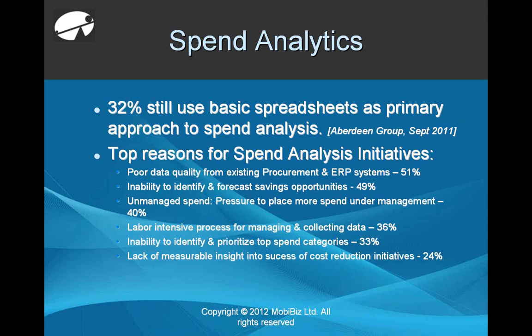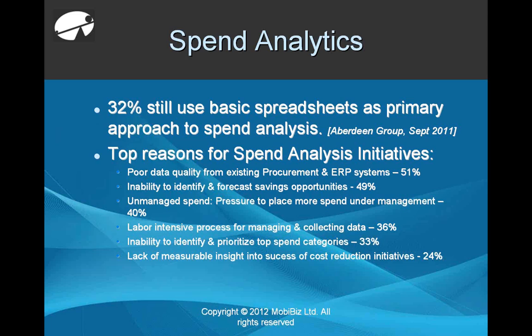The top reasons that most CIOs or chief procurement officers give for a spend analysis initiative are poor data quality from existing systems and inability to identify and forecast savings opportunities, and that's 49%, the second reason. Unmanaged spend, pressure to place more under spend management, so everything should be managed, is 40%. Labor-intensive process for managing and collecting data: we all know how difficult it is to collect data and make sense of it.